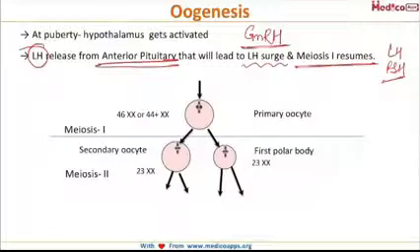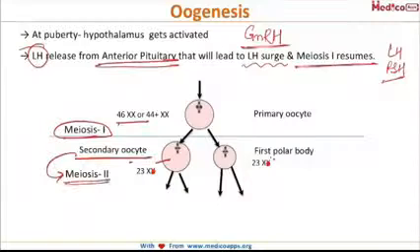As I said, it is a reduction division. Meiosis I is a reduction division, and so the nuclear material gets divided between the secondary oocyte and the first polar body as 23X and 23X. But here the maximum of the cytoplasm comes with the secondary oocyte, and with the first polar body there is negligible amount of cytoplasm.